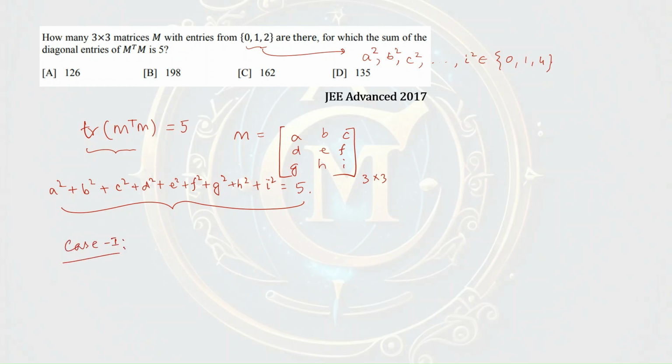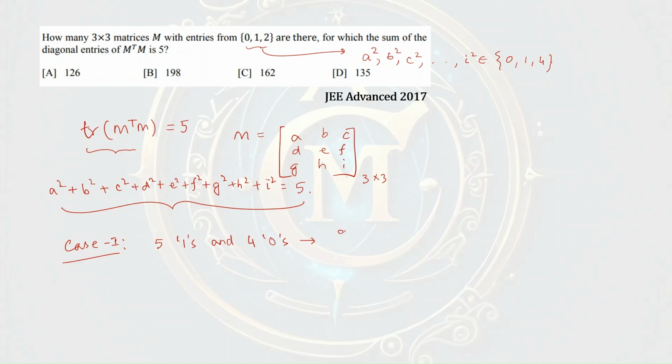Let us take case 1, when we take five ones and the rest of the elements are 0, so that means 4 zeros. Then we will get 5. So in how many ways can we do that?